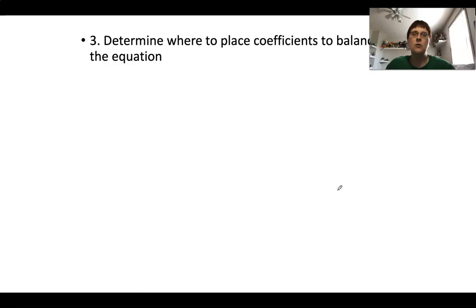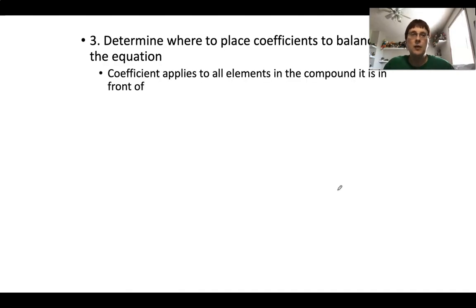Now we need to figure out where to put the coefficients, those big numbers in front of the formulas, to start balancing the equation. And remember that those coefficients apply to all the elements in the compound that it's placed in front of. So if you put a 2 in front of CO2, so if we've got 2 CO2, then that means you've got 2 carbons and 4 oxygens, because it's 2 times the 2, okay?